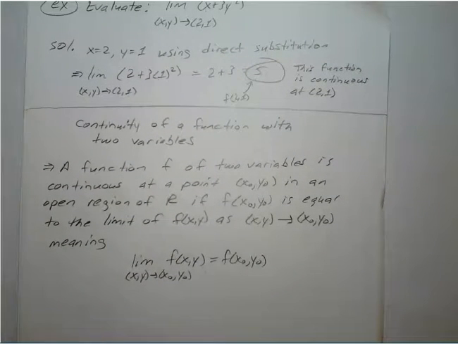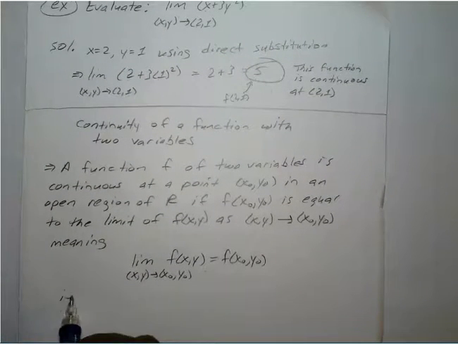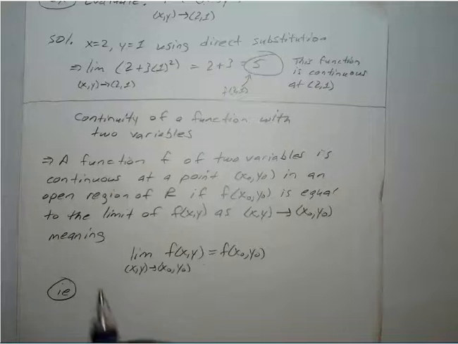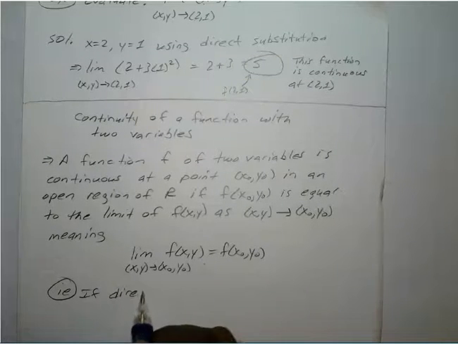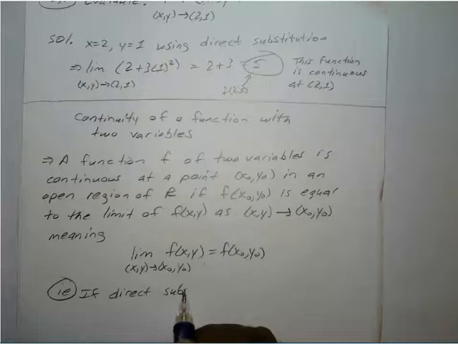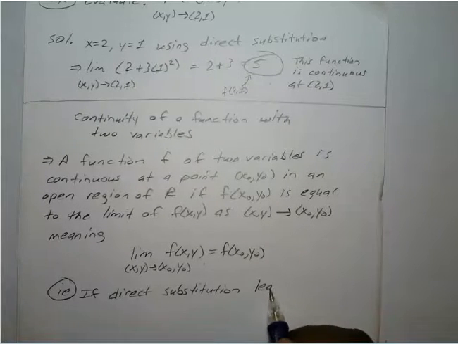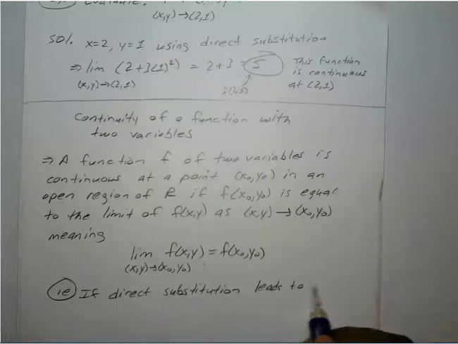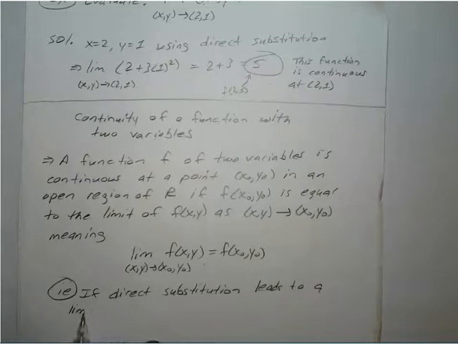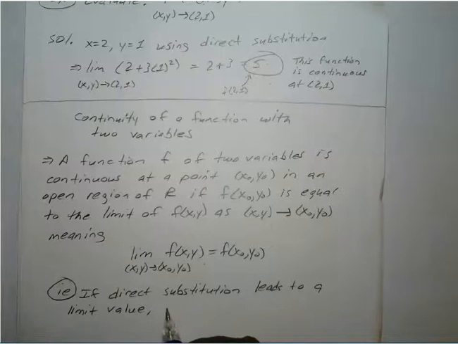Okay, so in other words, if direct substitution leads to a limit value, the function is continuous at that spot.